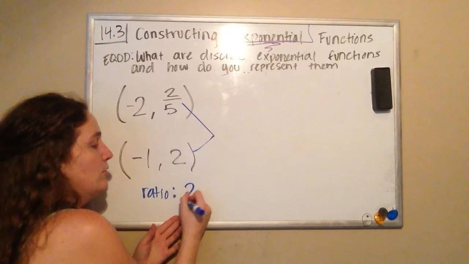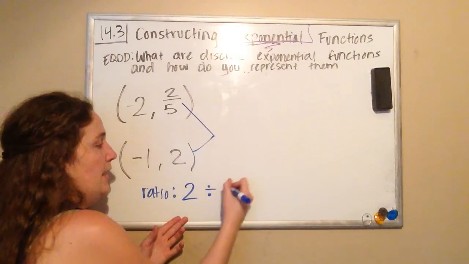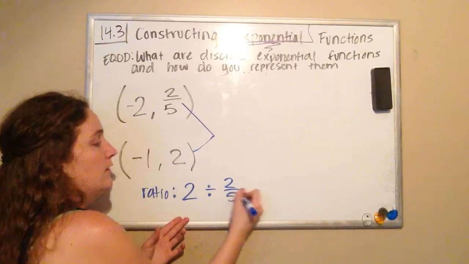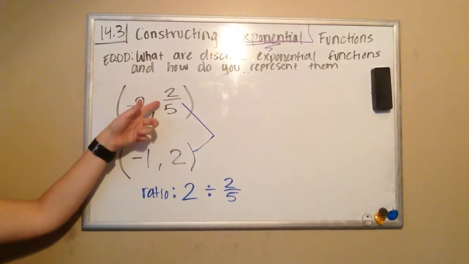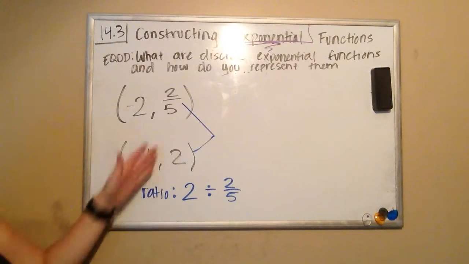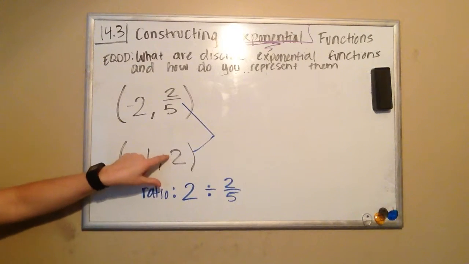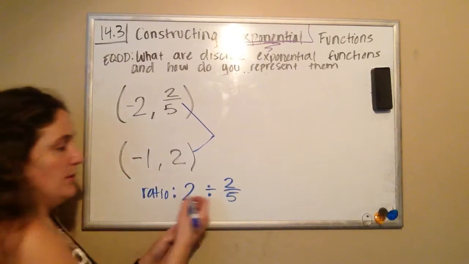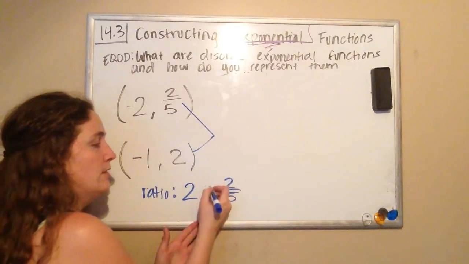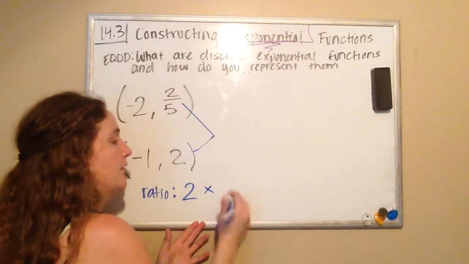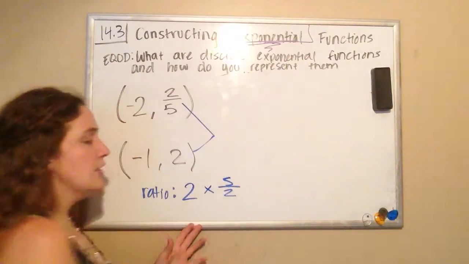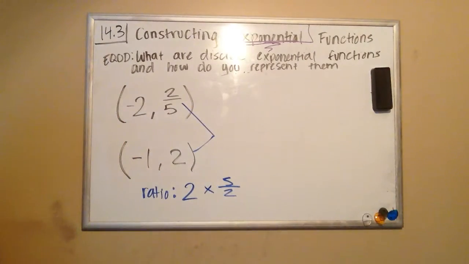So 2 divided by 2/5, right? Now you can always do that. That method always works. So okay, when we do this, we're going to change this to multiplication, and we're going to flip this over. So division by a fraction is the same thing as multiplying by the reciprocal.